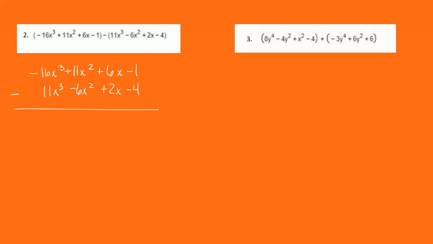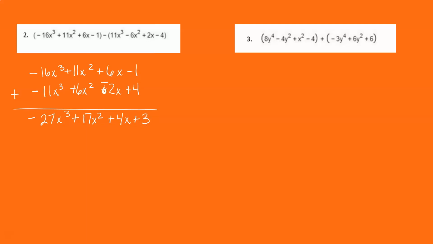When I subtract, if you can just subtract, that's fine. But I like to change my subtraction position and change all the signs. That way, I'm always adding. So here I have negative 7x cubed plus 17x squared plus 4x plus 3.